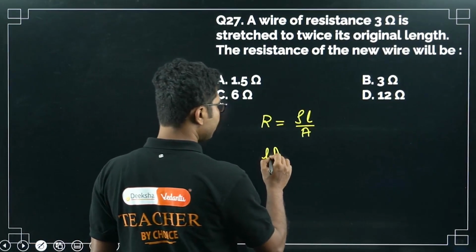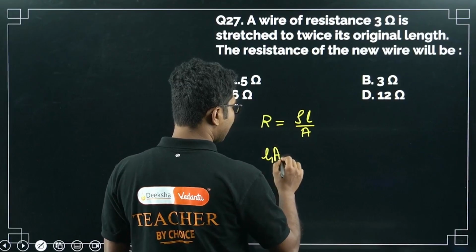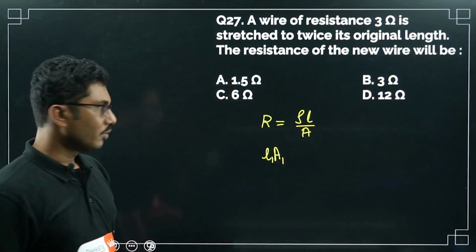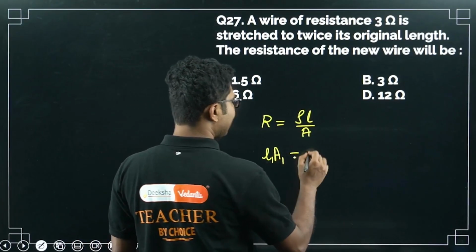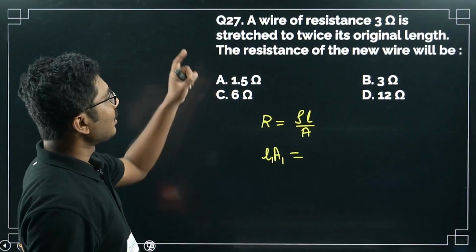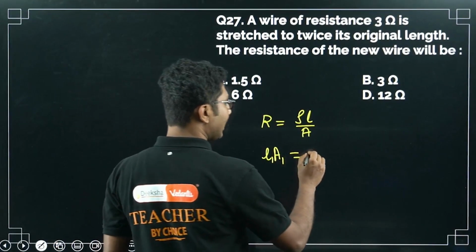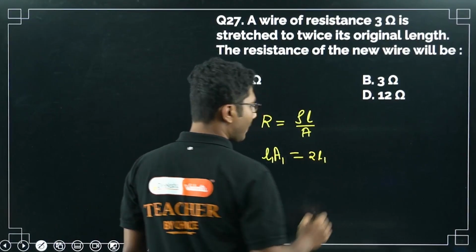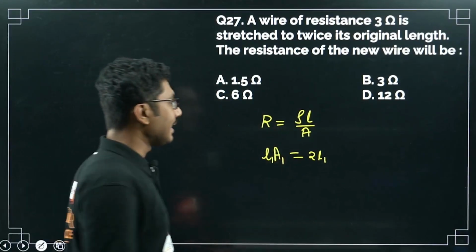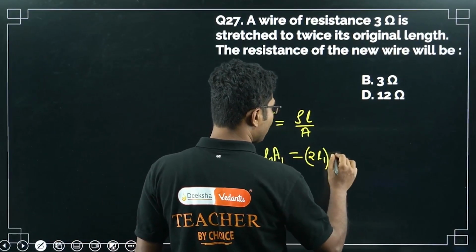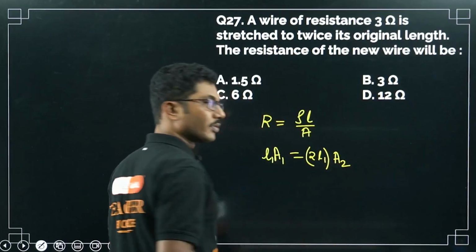So initially suppose the length was L1 and the area was A1. Now the length is twice, so the new length will be 2L1. You stretched it, the length has become 2L1. Now suppose the new area has become A2.